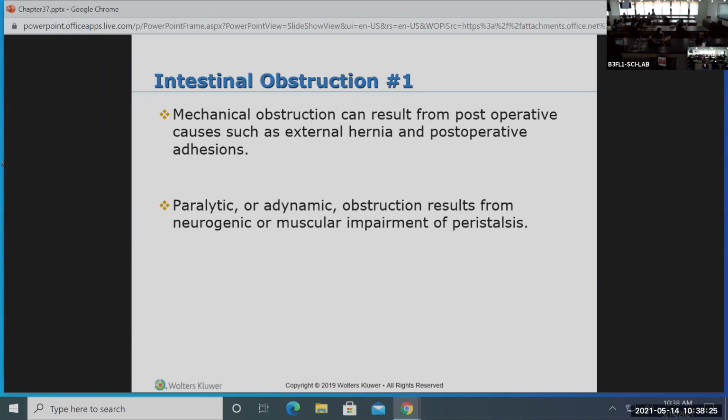There is no movement, and that is one of the types of obstruction. Obstruction results from neurogenic or muscular impairment of peristalsis. We call it paralytic obstruction. Is it clear? It's called what? Paralytic obstruction.